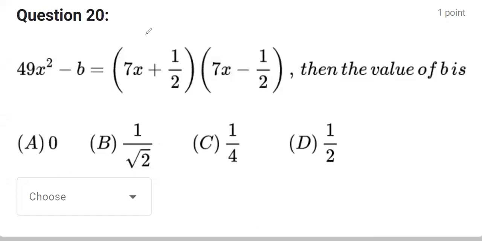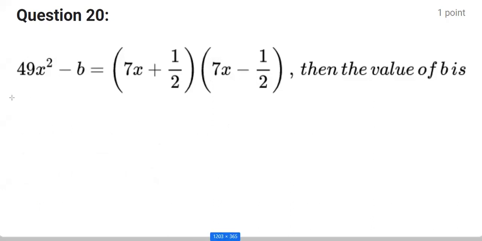So in the 20th question, we have to find the value of b, where we can say b is this. So what we need to do is, first of all, let me make some space. We can see on the left hand side, this is 49 times x square minus b.